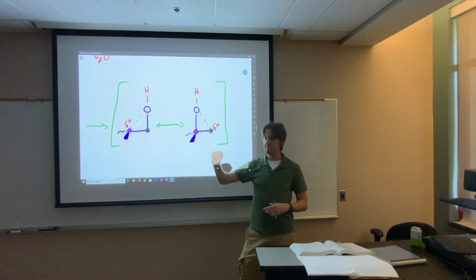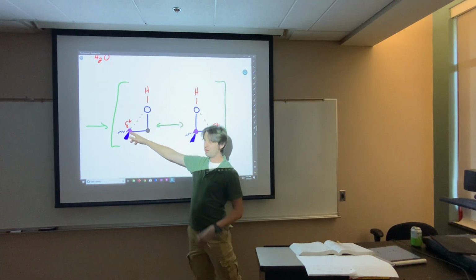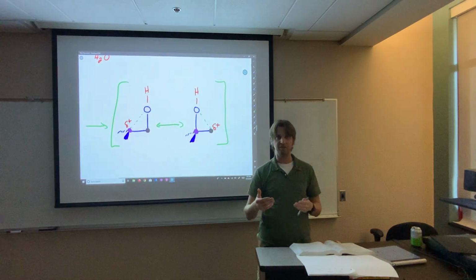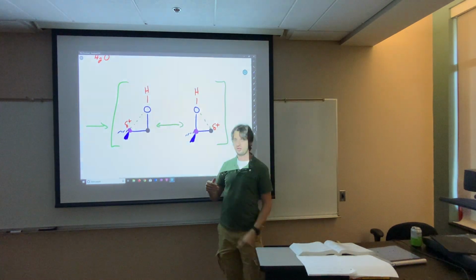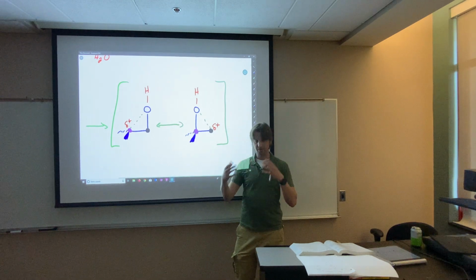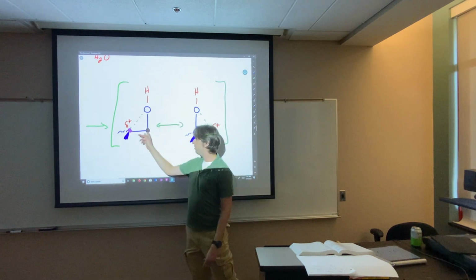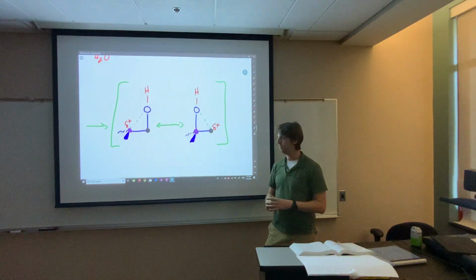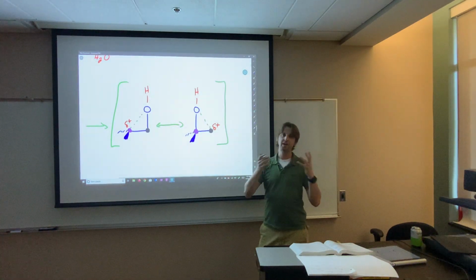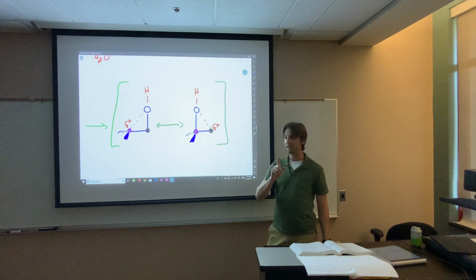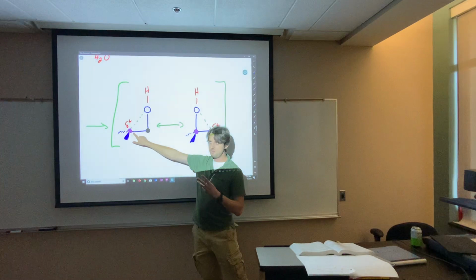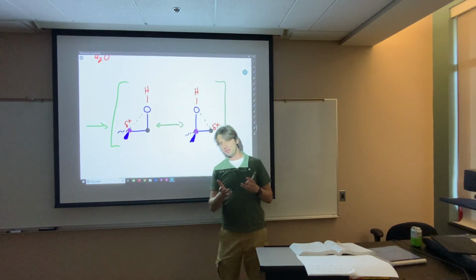The tertiary carbon here in purple is going to be able to stabilize that partial positive charge better. We have donation coming from the other carbons around there, inductive effects and hyperconjugation, all these ideas that we discussed with why tertiary is better than primary. Same idea here.